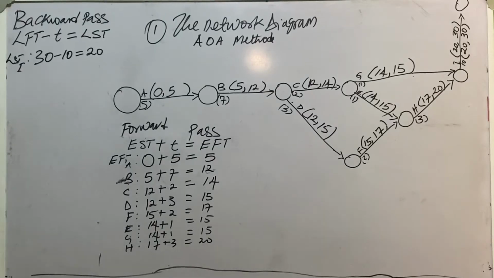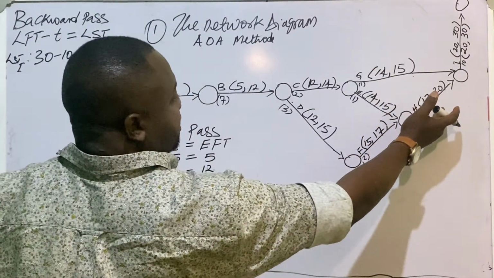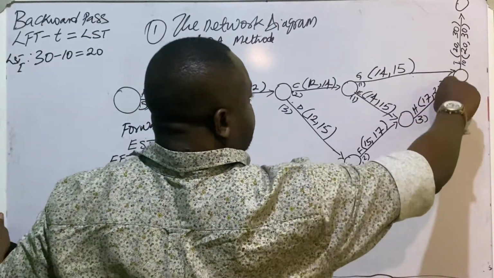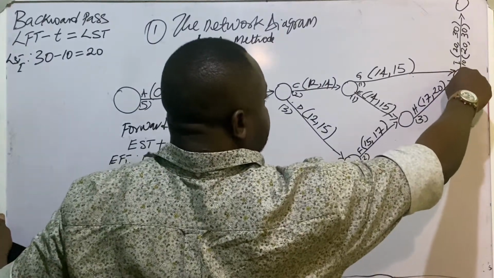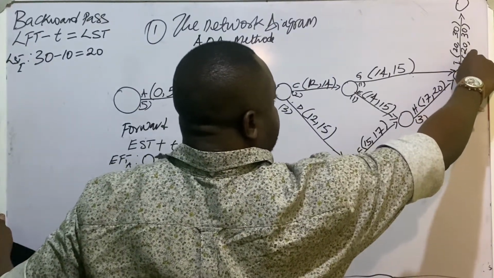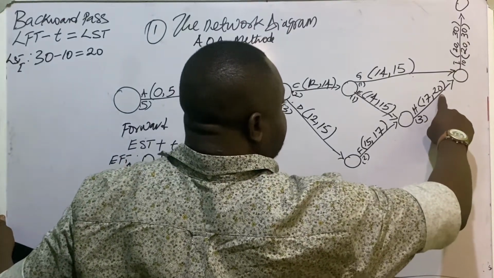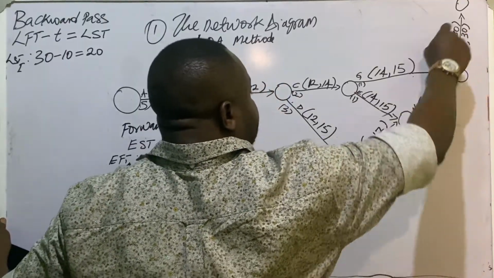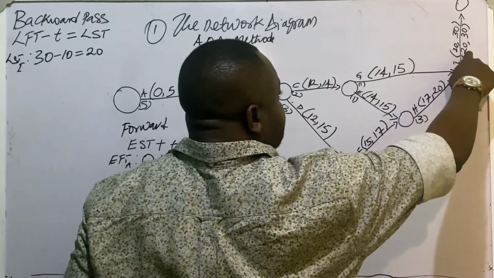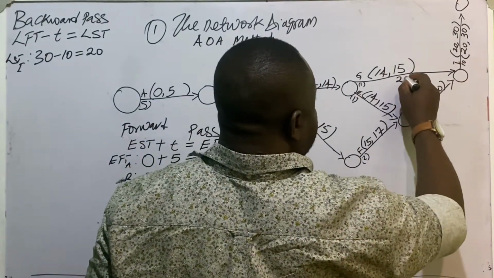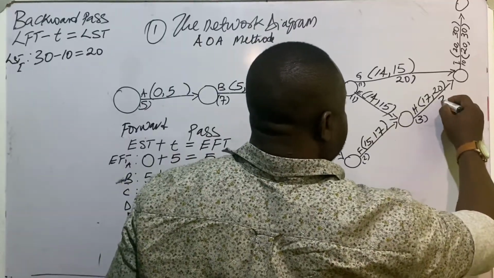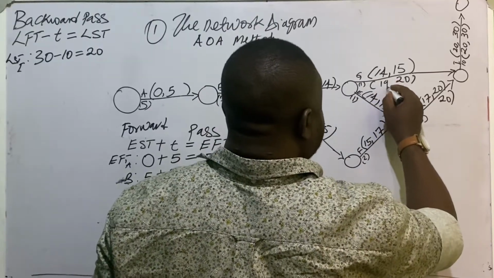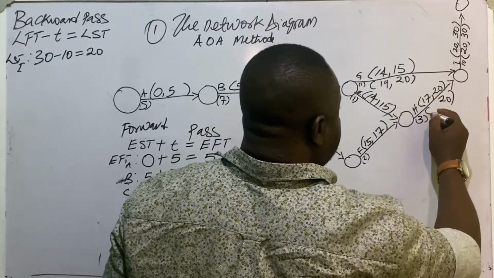So the next will be activity G and activity H. Just like when we were doing our forward pass, the way the two activities ended into this, what we now have here as LST will now be the latest finish time, the LFT, for the two activities that preceded this activity I. So that is why we're going to carry this 20 and bring it here, and this 20 should also come here. So 20 minus 1 will give us 19, 20 minus 3 will give us 17.